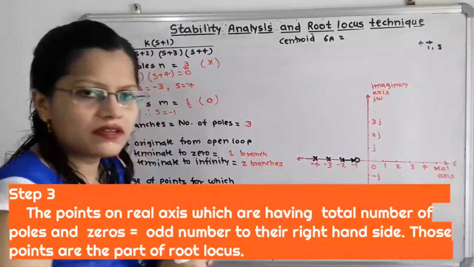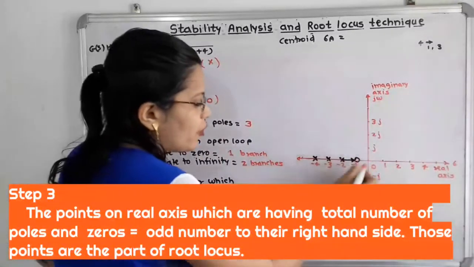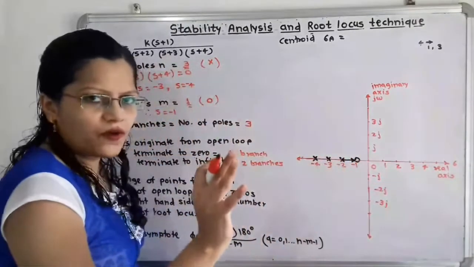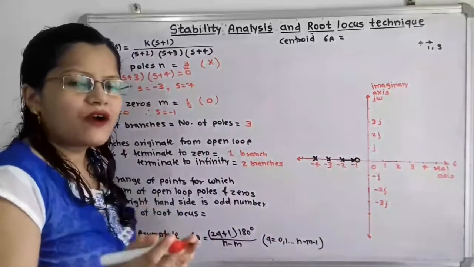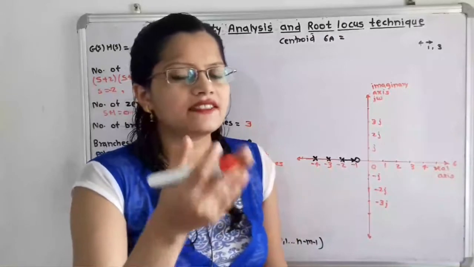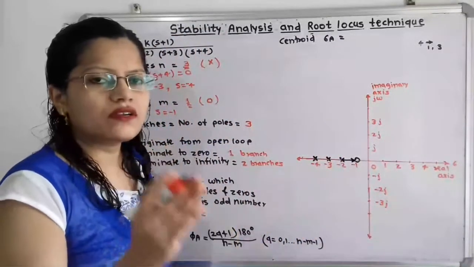Now I will show you how to take this point. The total sum of poles and zeros is 4, so out of that the odd numbers are 1 and 3. Now we have to find the range of points for which, to the right hand side, the total sum of poles and zeros is 1 or 3.